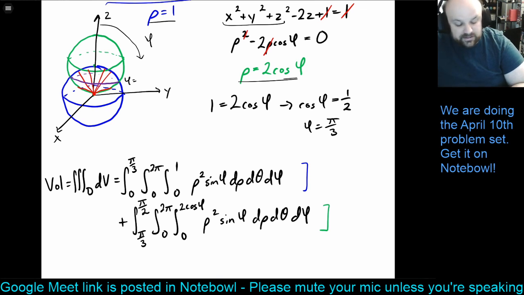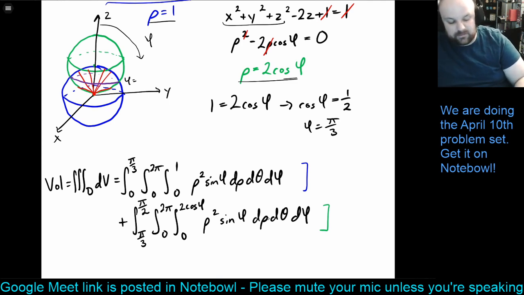Looking at these two integrals, they're not that bad to compute at this point.